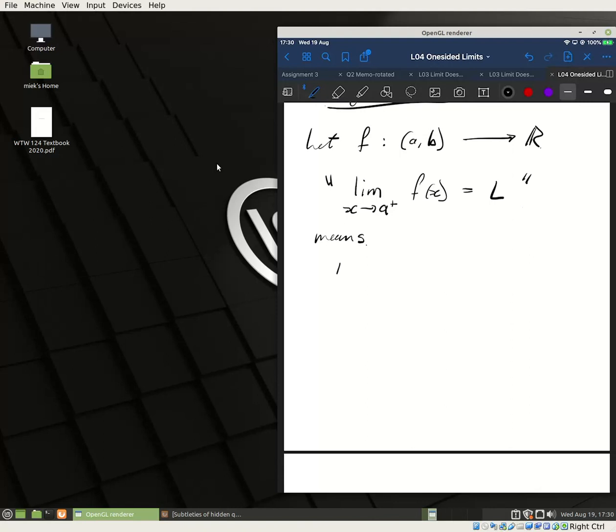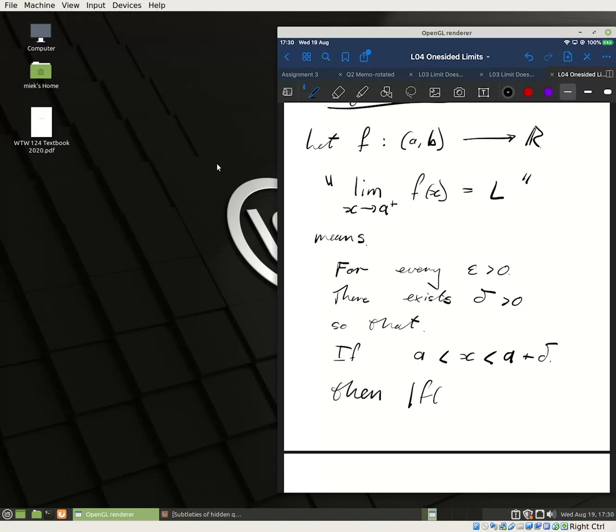So this means the following: for every epsilon greater than 0, there exists a delta greater than 0, so that if, and now this condition changes, so if x is to the right of a but still within a delta distance of a, so is in the interval from a to a plus delta, then the distance of the function value to L is less than epsilon.